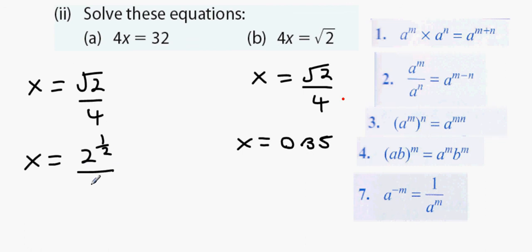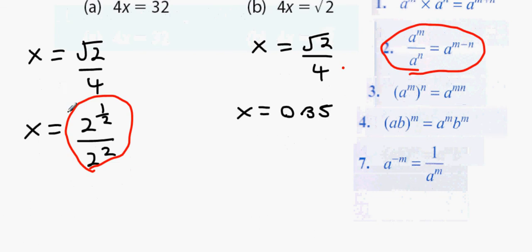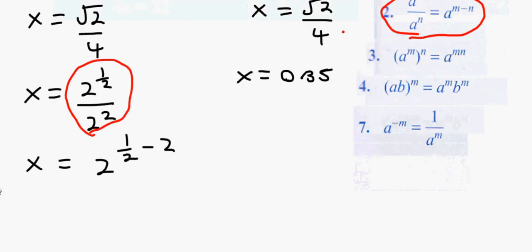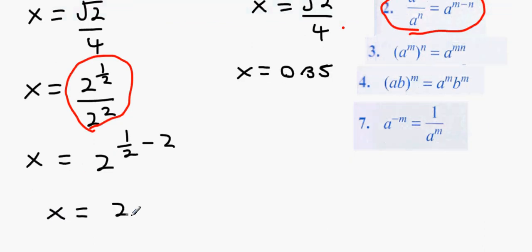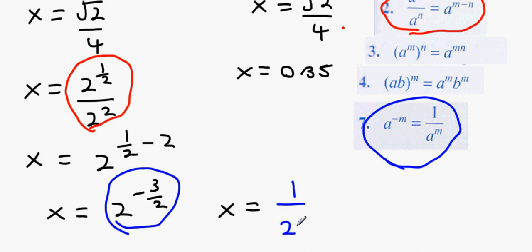Then what we can say is that x equals 2 to the power of a half minus 2, so x equals 2 to the power of minus 3 over 2, or we can use this rule here and say that equals 1 over 2 to the power 3 over 2. So several ways of expressing the same number.